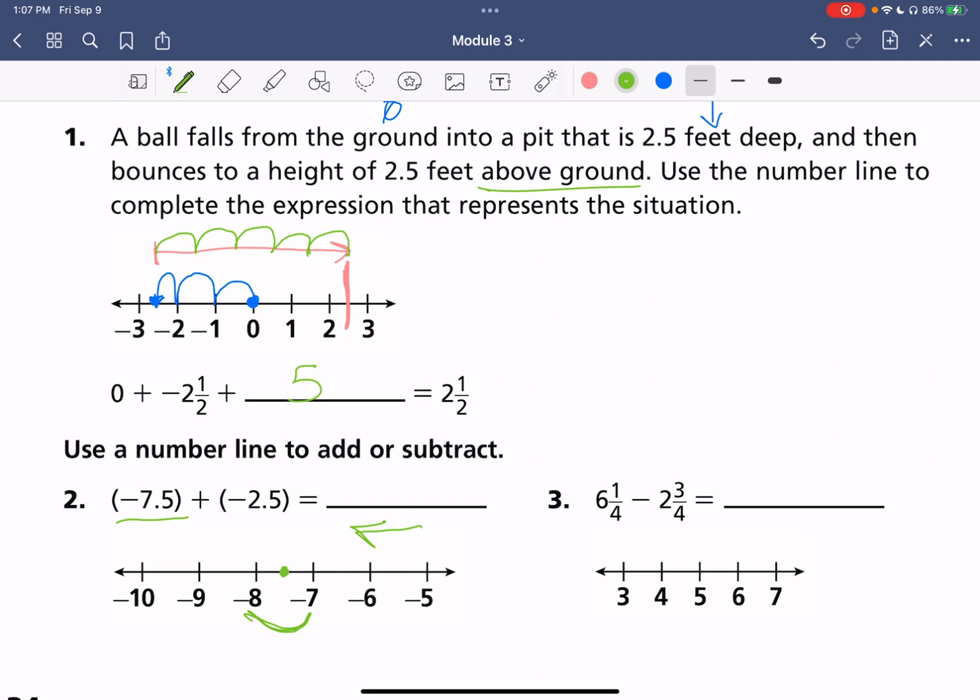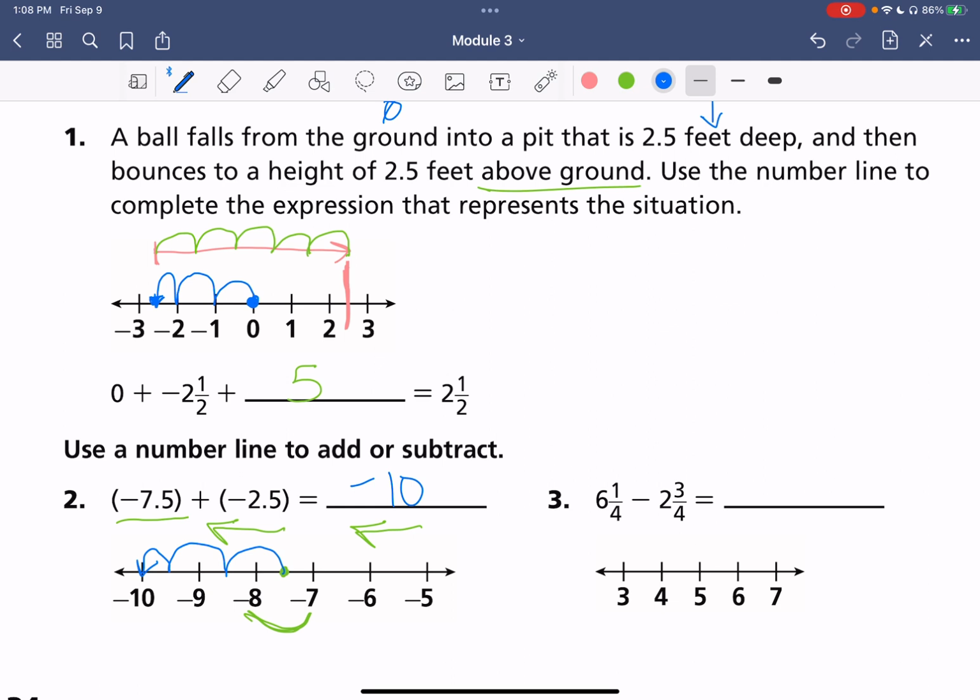And then we're going to add more negatives to it. So we're going to keep going down our number line. And we're going to go down 2.5 jumps. So 1, 2, and now I'm at negative 9.5. I got to do another half jump. And that lands me at negative 10. Try this last one on your own.